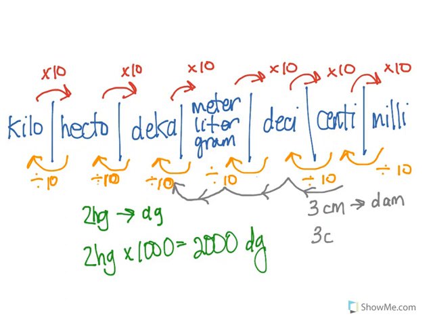So in this case, I'm going to take 3 centimeters and I'm going to have to divide by 1,000. And in this case, there's no decimal, so my decimal is behind the ones place. So I'm going to go 1, 2, 3 before I add my decimal and put a placeholder. So this equals a placeholder and then 3 decameters. So 3 centimeters equals 3 thousandths decameters.